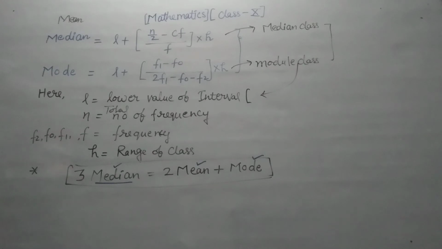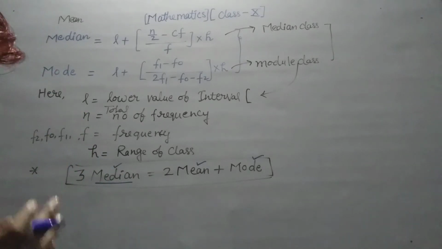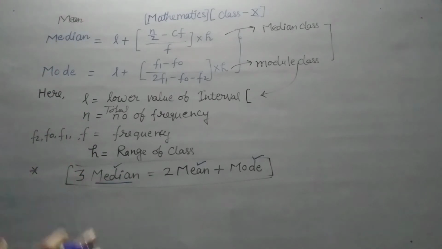Now after this, your chapter is complete; this formula is the last formula used in the statistics chapter. After that the cumulative graph is there, but this graph is in the deleted syllabus, so we are not explaining it in this video. Do you understand these things?